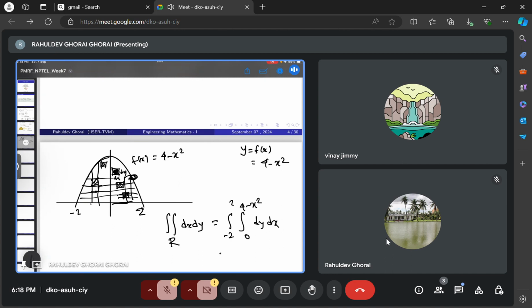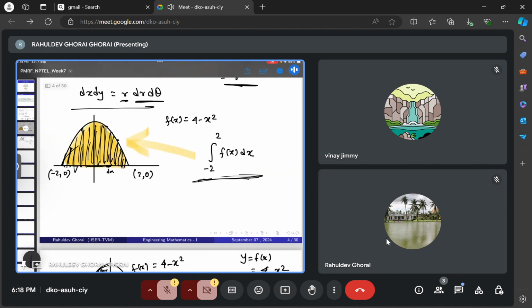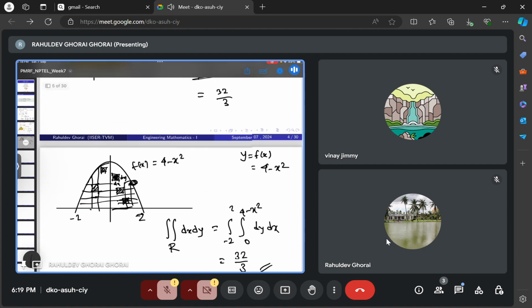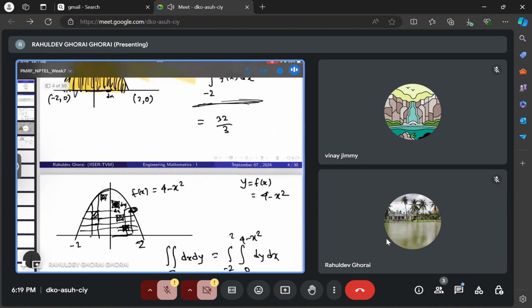If you evaluate it, this will be 32 over 3. We have already done these things, so I'm just going through it once again. Evaluating the single integral also gives 32 by 3, the answer has to be the same. That's how you can easily understand the double integral, which is why I gave you this idea. Is it okay? Do you understand what I wanted to say?